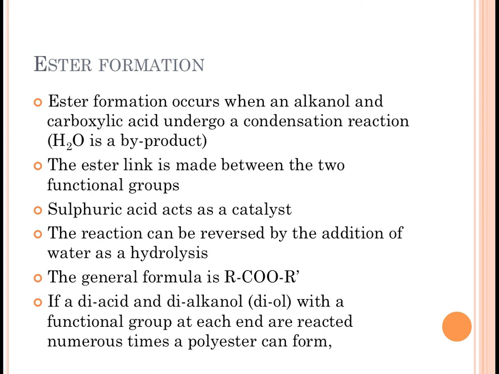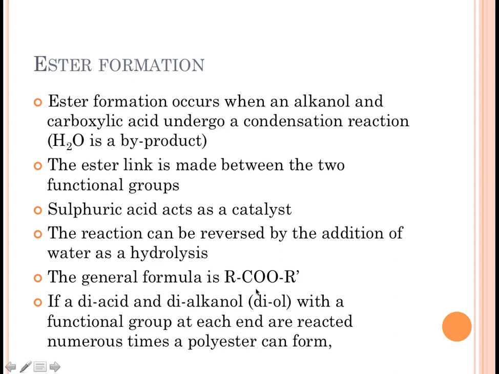The final reaction of functional groups is when we have a ester being made from an alkanol and a carboxylic acid, and we call this a condensation reaction. It's a condensation reaction because it makes water, and the ester is made between the two functional groups. We need a catalyst, and that catalyst is sulfuric acid, and it's liquid sulfuric acid, nasty stuff, about 98% pure.